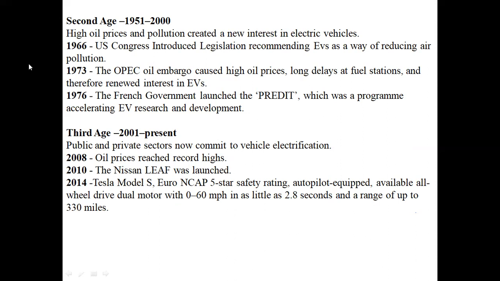Because of these reasons, once again people started to use electrical vehicles. In 1966, the US Congress introduced legislation recommending EVs as a way of reducing air pollution. So the US government started once again to use electrical vehicles because they reduce air pollution.